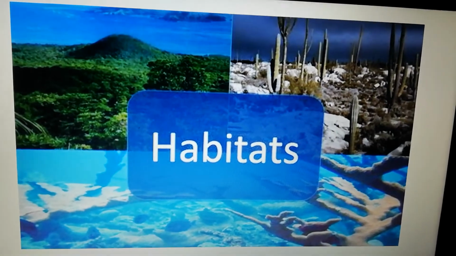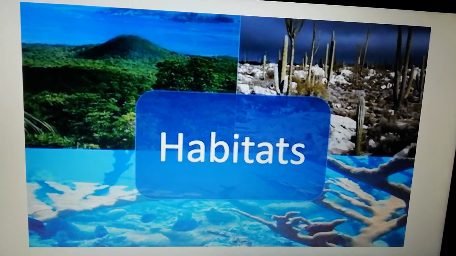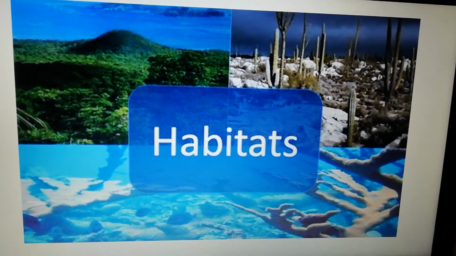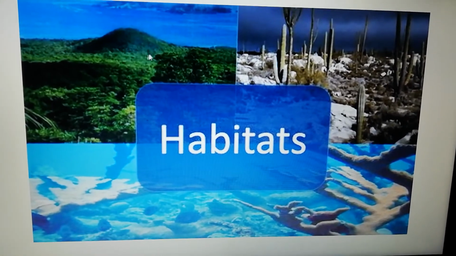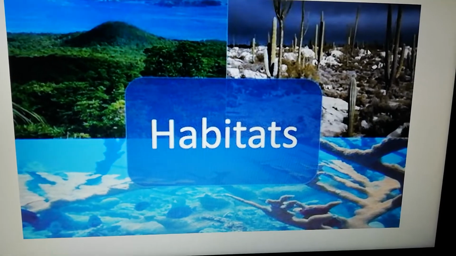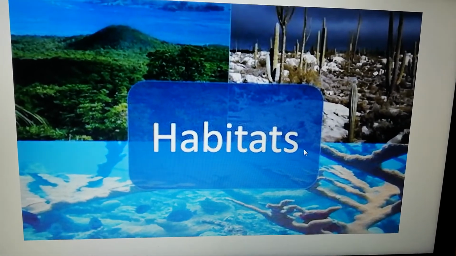Now we move to the natural habitat of living things. Living things, mainly animals and plants, live in three places, which are the forest, the desert, and the sea.